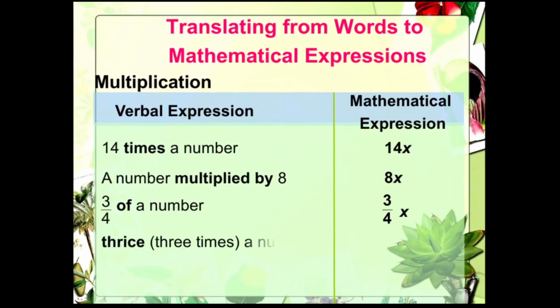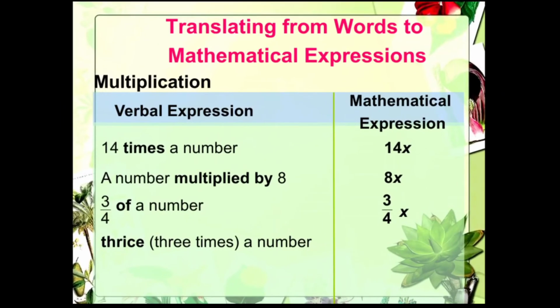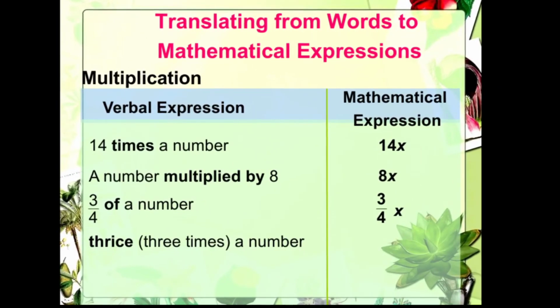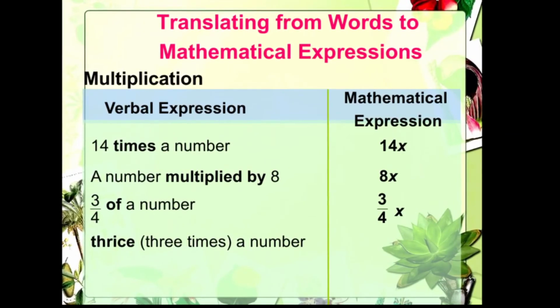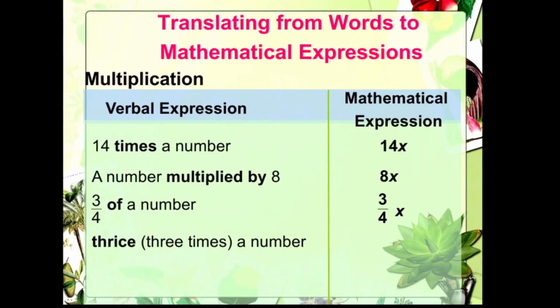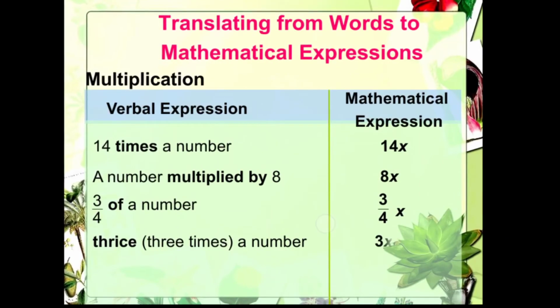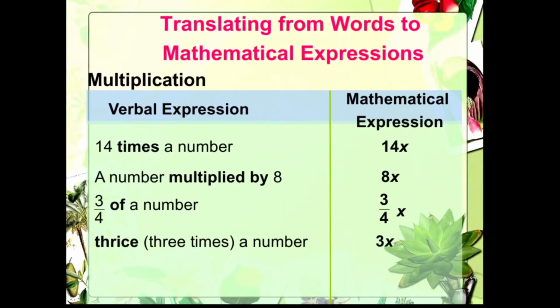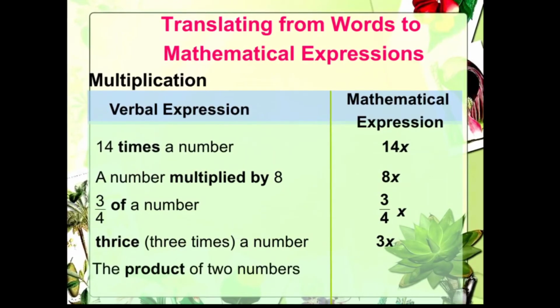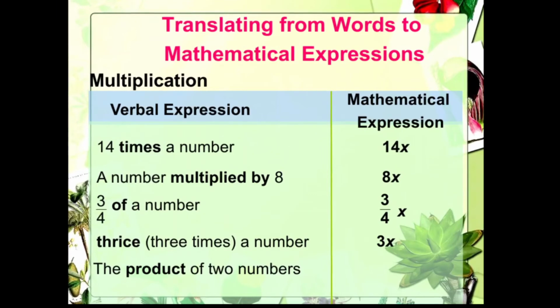Next, thrice a number. When we say thrice, it means 3 times. So 3 times a number. You have to multiply 3 and a number. Therefore, the answer is 3x. 3 times x.